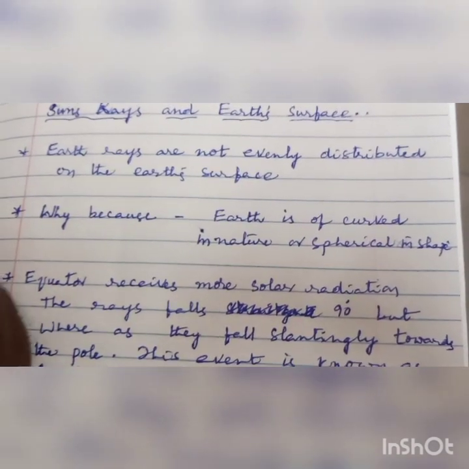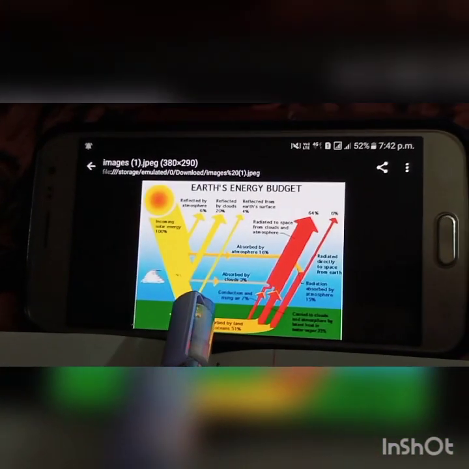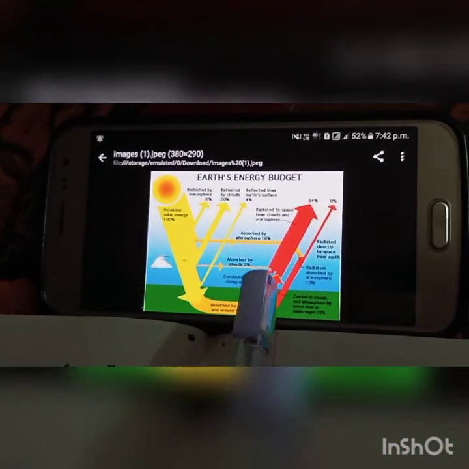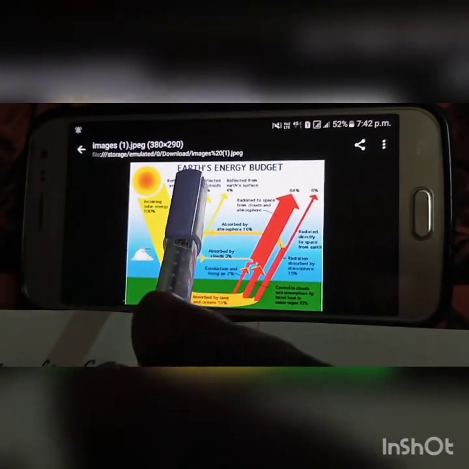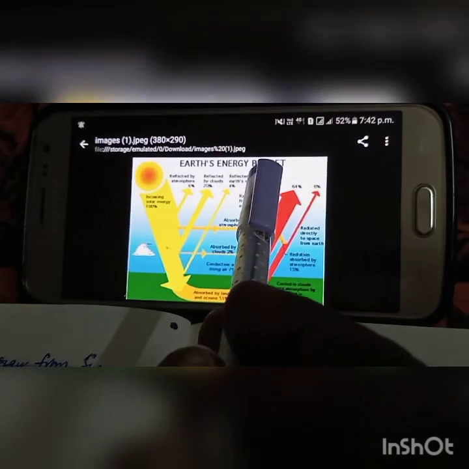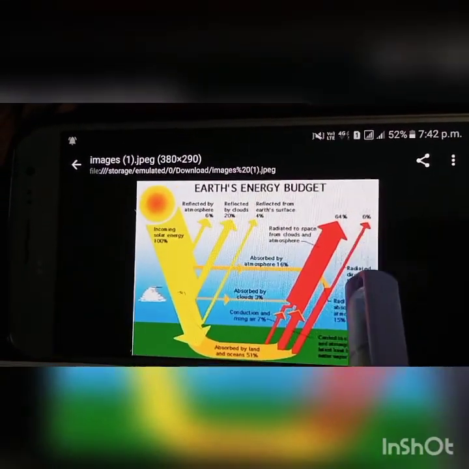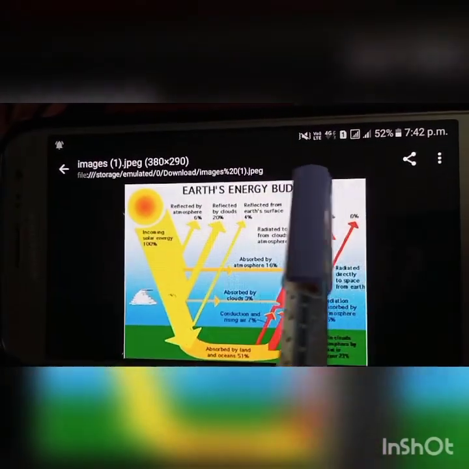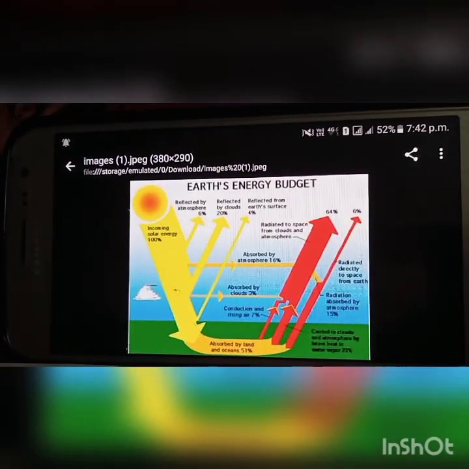Here it is explained diagrammatically how much insolation is being received by the earth, and how much is reflected by the clouds, the atmosphere and the earth's surface. This was explained diagrammatically, and it is good information.